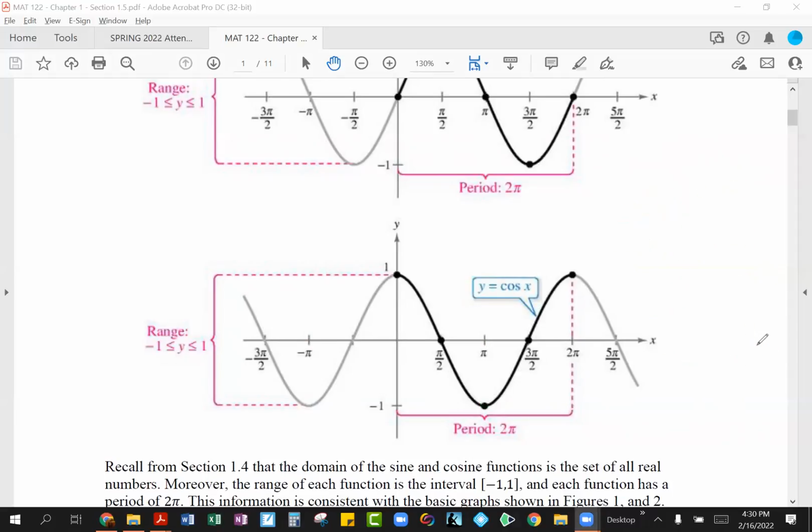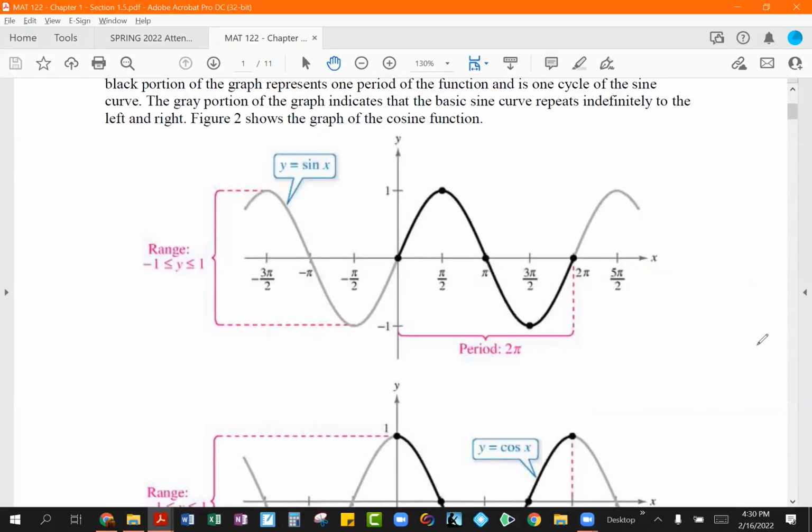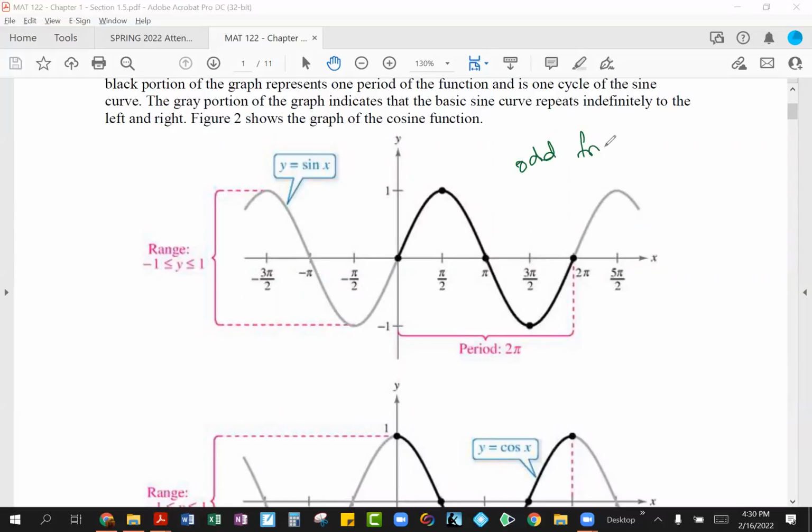With the sine functions, because they are odd functions, your sign changes. So since this is an odd function, let's pick this point here that corresponds to positive pi halves. And let's pick this point here, which corresponds to negative pi halves. So you can see sine of pi halves is going to be +1.